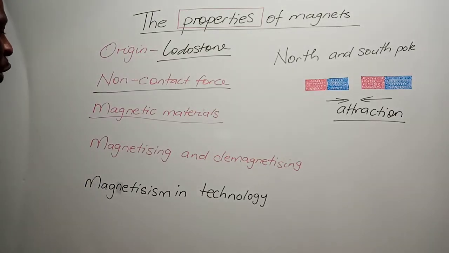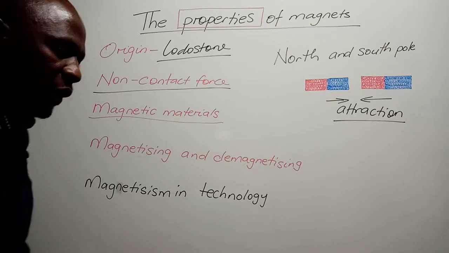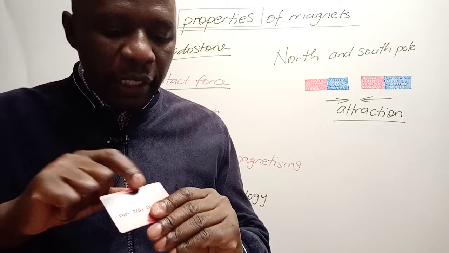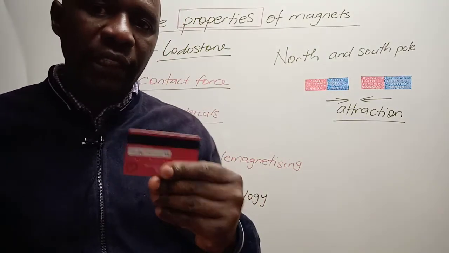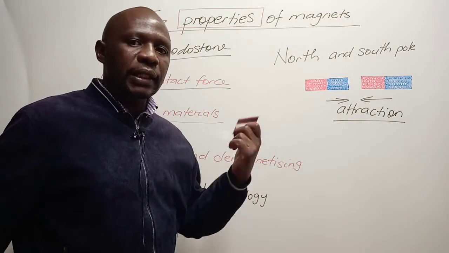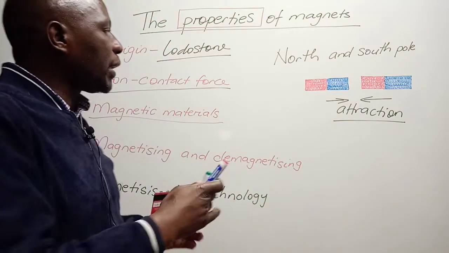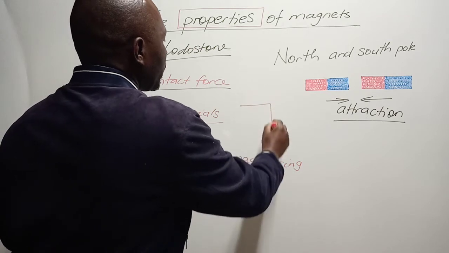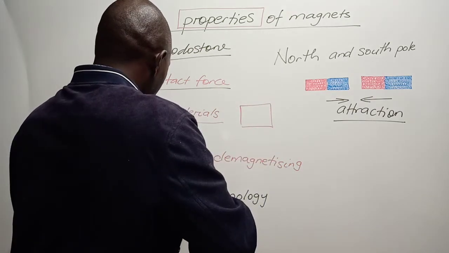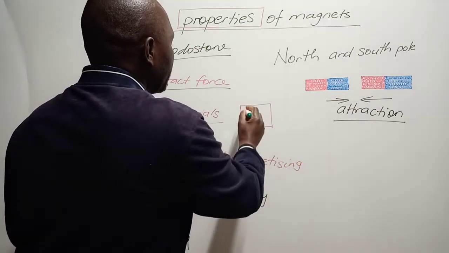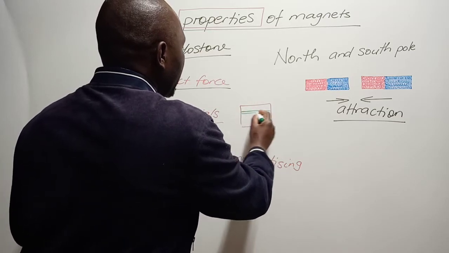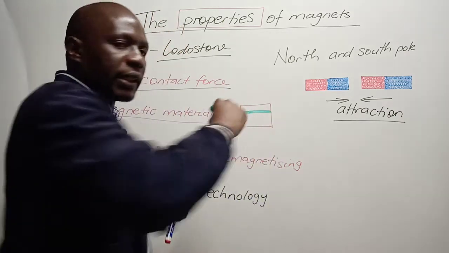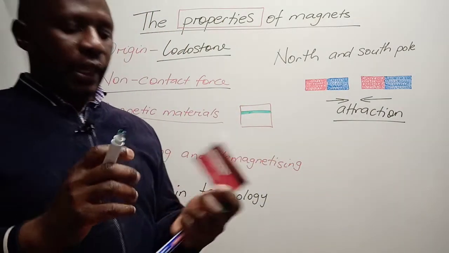Magnetism has been used in technology. This is an ATM card, and this black strip of the ATM card is magnetic. Let's say that is the ATM card, and that strip, I colored it green on the board, but it's black here.